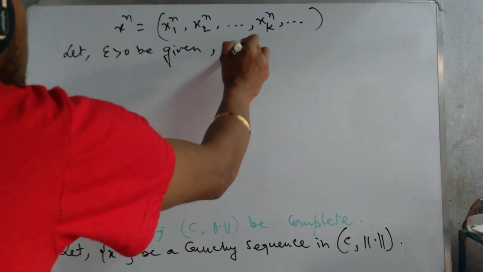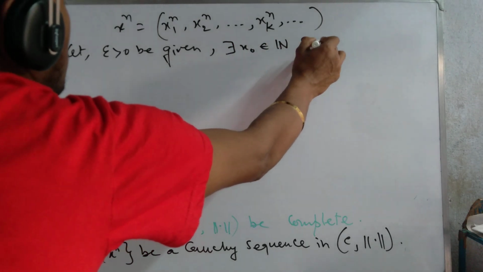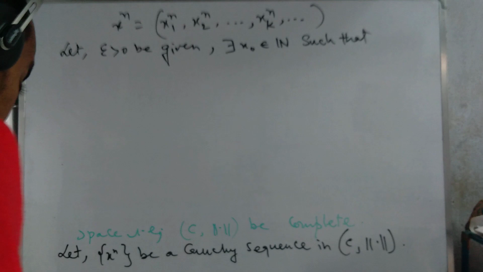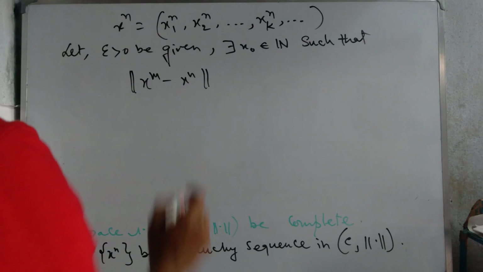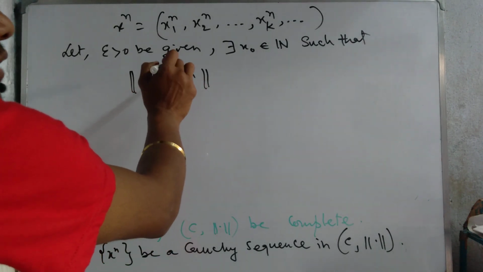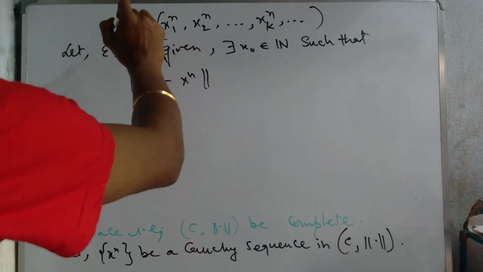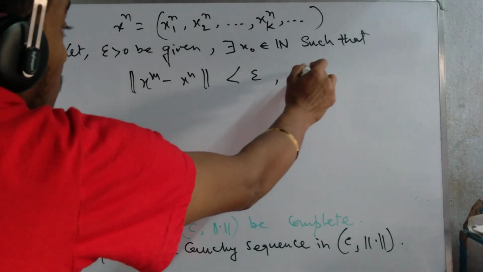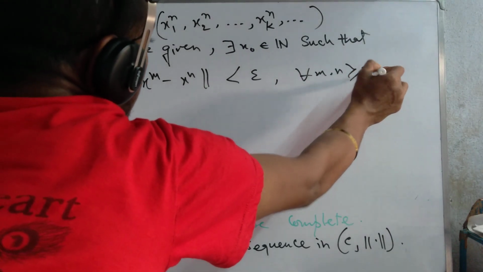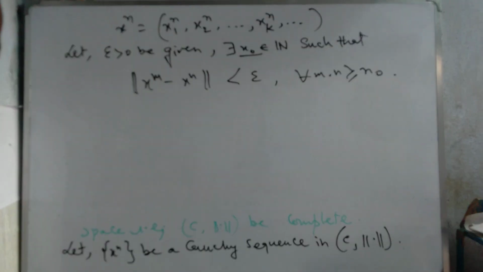Since this is a Cauchy sequence, let epsilon greater than 0 be given, and there exists n0 belonging to the natural numbers such that xm minus xn, where m and n are just suffixes, with respect to this norm is obviously less than epsilon for all m, n greater than or equal to n0, some natural number.